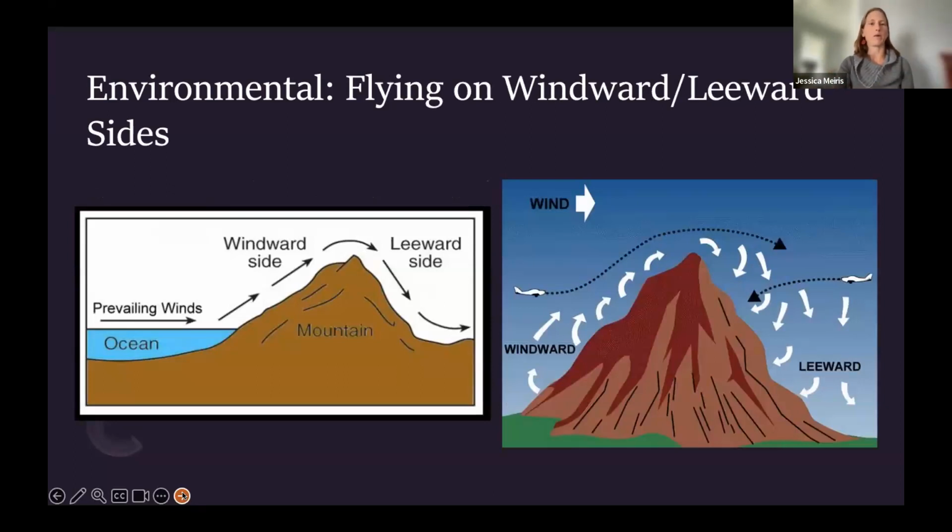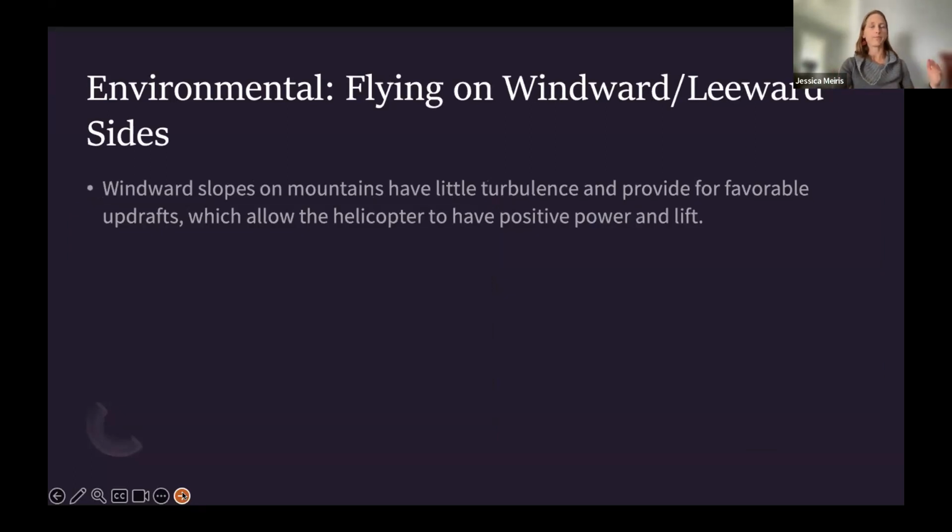Simple diagram about windward and leeward sides of the mountains. In particular, that right side diagram gives you a better sense of how turbulence can be generated on the leeward side of the mountain, and that can significantly affect our ability to operate in that area. So the windward slope is going to have a lot less turbulence and more favorable updrafting conditions.